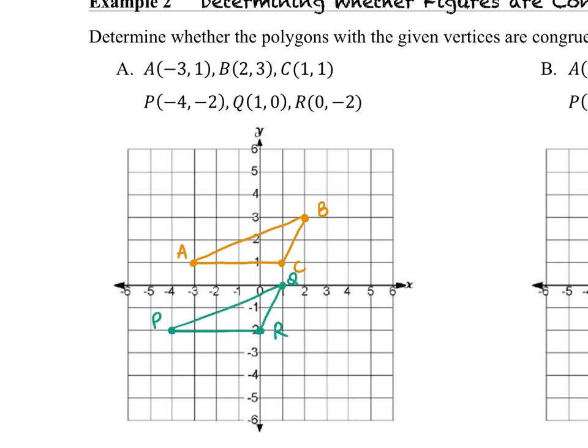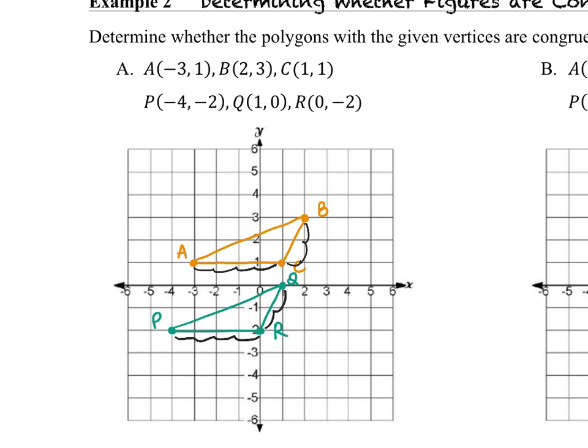We can see that all 3 segments of the two triangles are congruent. 1, 2, 3, 4, 1, 2, 3, 4. And we can use the slope: to the right 1, up 2, to the right 1, up 2. And of course, then the diagonal between them is going to be the same. So these two triangles are congruent.